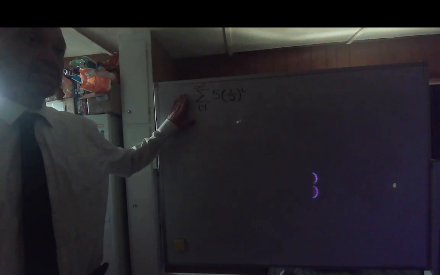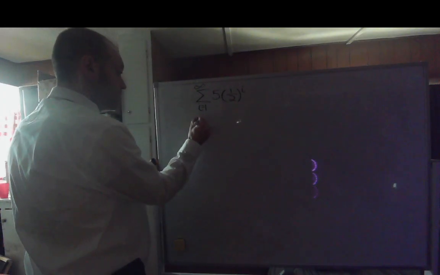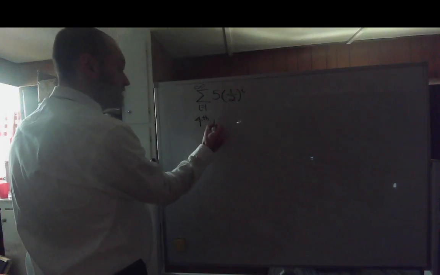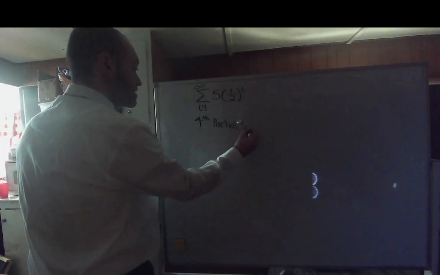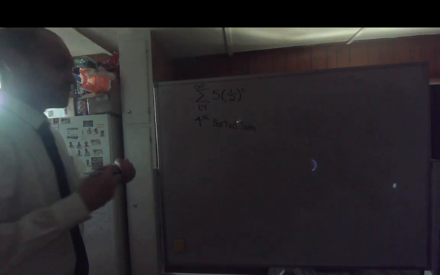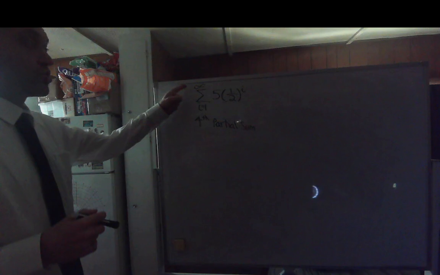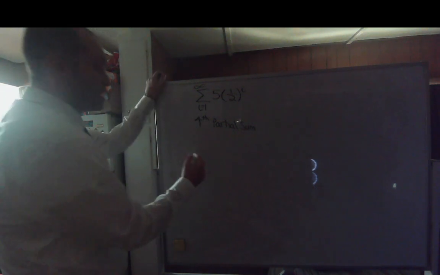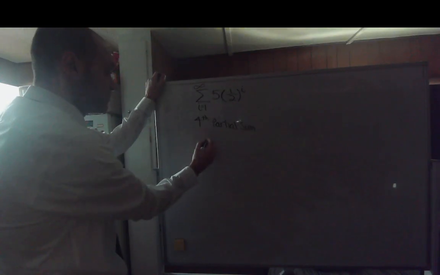Now, you may not be able to find an infinite sum, but you can take what's called a partial sum. What if they want the fourth partial sum? When you're taking a fourth partial sum or any partial sum, that changes your upper limit of summation to a 4 instead of infinity.